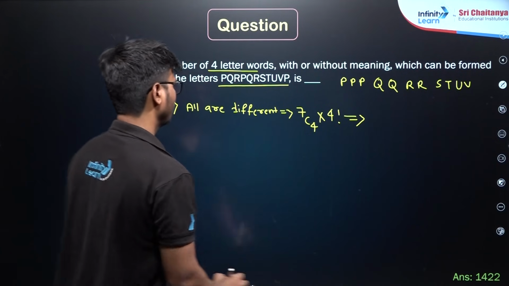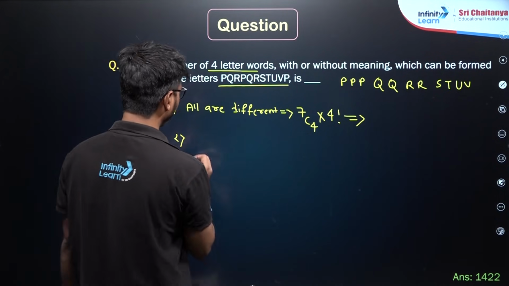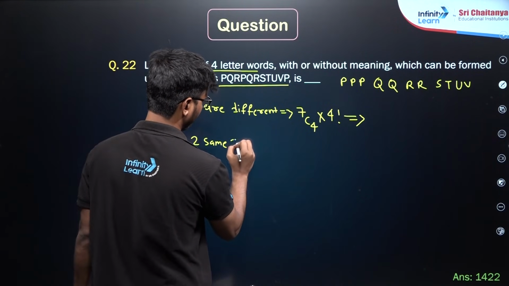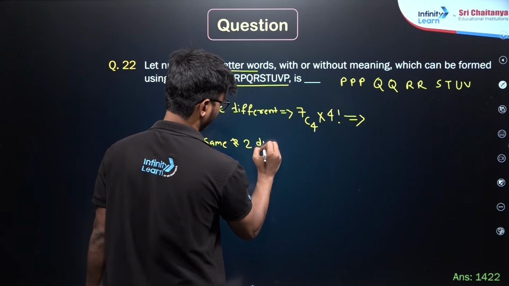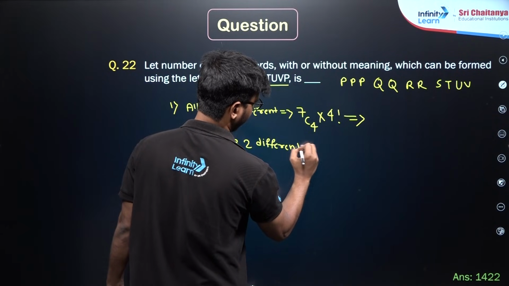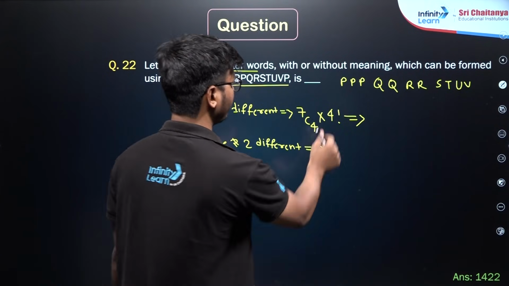Correct? Okay. And in the second case, I can take 2 same and 2 different. So when I take 2 same and 2 different, the 2 same can be selected between these 3.